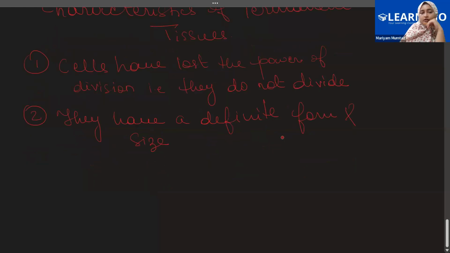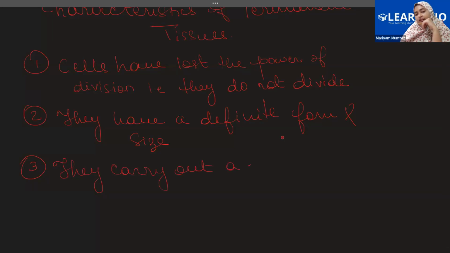The third point is that they carry out a specific function.